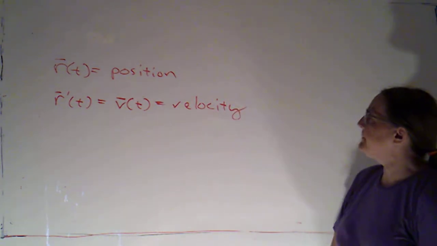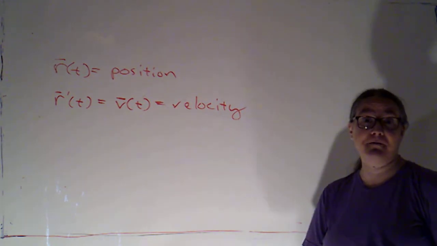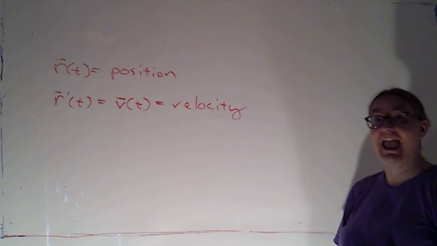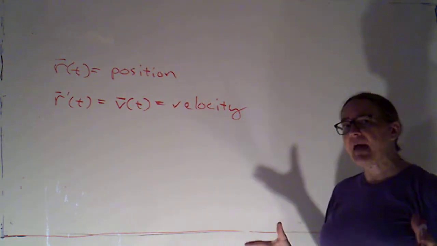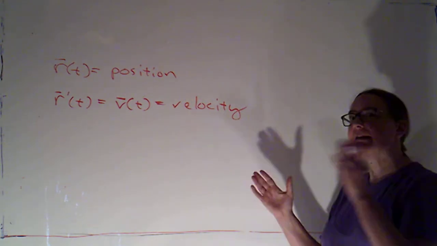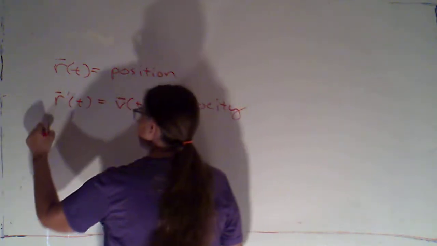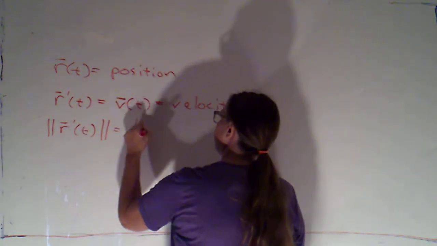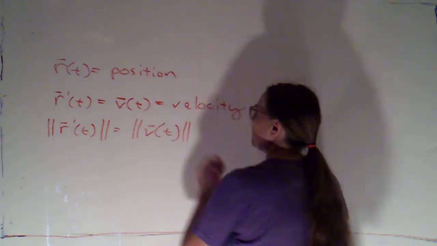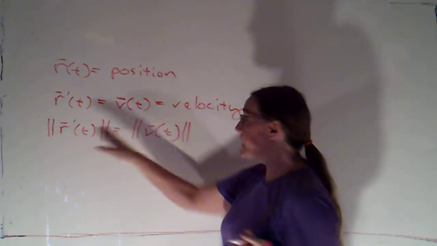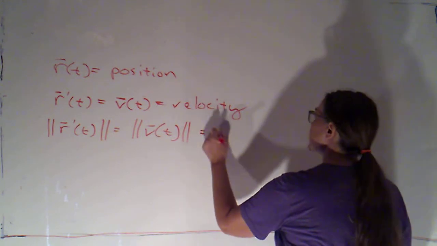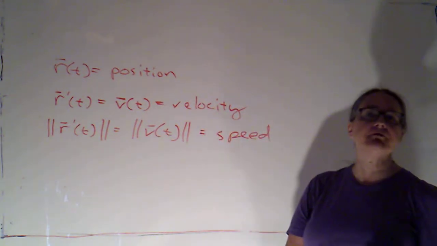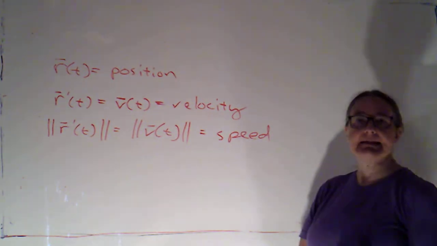But with this application, I understand what both of those mean. The direction is just the direction that the object is moving in at that time, and the magnitude of velocity is speed. And I could write that as either the magnitude of r prime of t or the magnitude of v of t, but it's going to be the speed with which the particle is traveling at that instant in time.